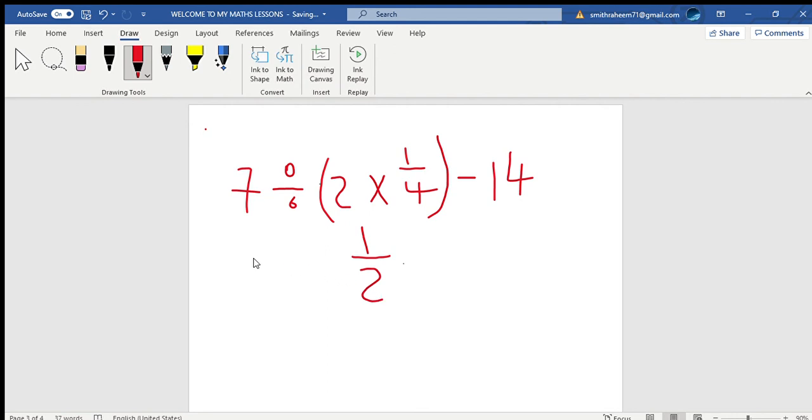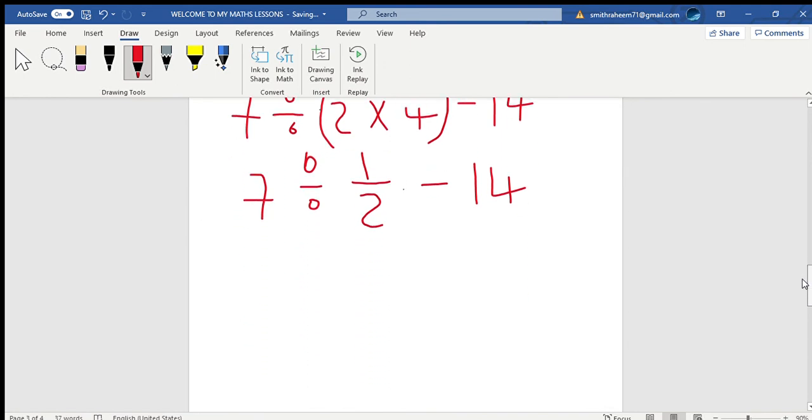And you're going to divide by 7, subtract from 14. Alright, so if you're not sure how we get this, 2 multiplied by a quarter gives you a half, and it's 7, we'll bring it down, and then we're going to subtract this from 14.